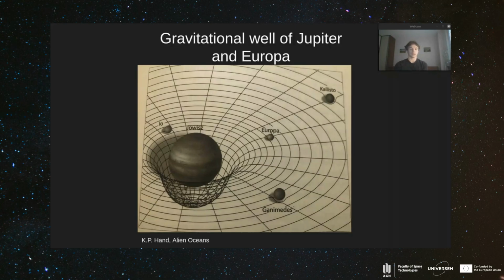So when the Europa Clipper will be moving around Europa, the gravitational field on the side of Europa that is facing Jupiter will be differently shaped because of the gravity.